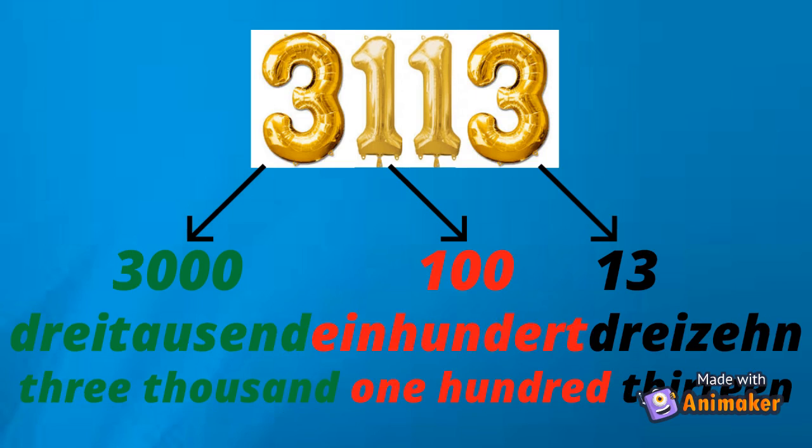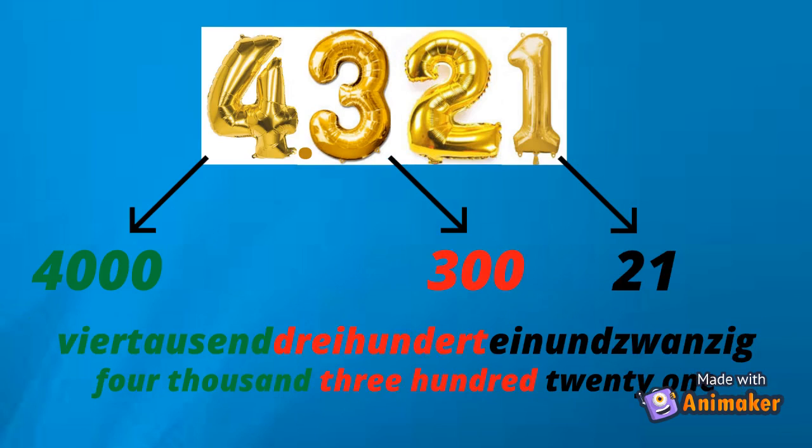Moving on to the next number. 3000 plus 100 plus 13. So you get dreitausendeinhundertdreizehn. That means 3113. Let's take one more example.